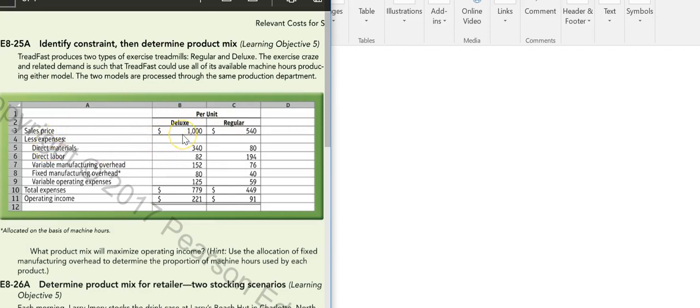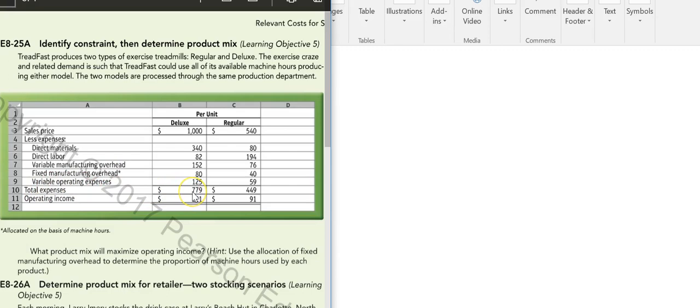Deluxe sales price is $1,000, whereas regular is $540, and then they give you the information about their expenses. They subtract all of those expenses. The first three expenses are variable, the fourth one is fixed manufacturing overhead expense, and then you have another operating expense.